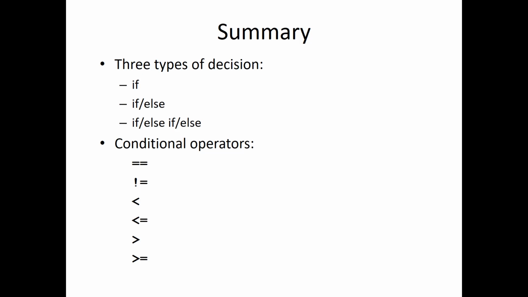And then we've looked at some of the conditional operators that are available in Java. So we've got the equality condition, not equal to, less than or equal to, greater than, and greater than or equal to.